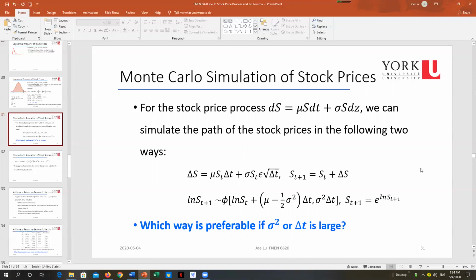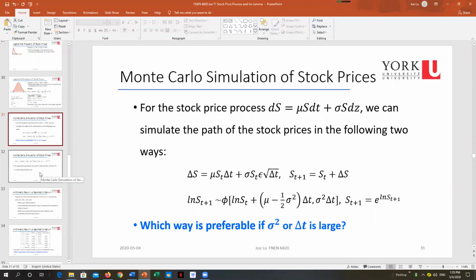So if you calculate, for example, the options for a particular stock over a period of say 1 year, you can choose weekly time steps, or bi-weekly time steps, or even a monthly time step. If time steps are relatively large, which one will give you a better result?